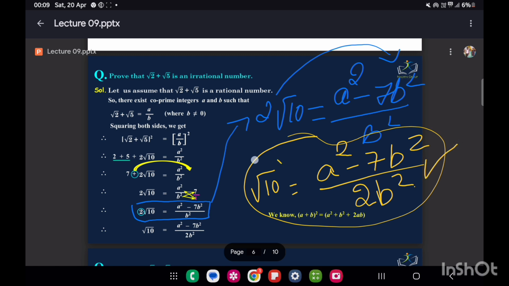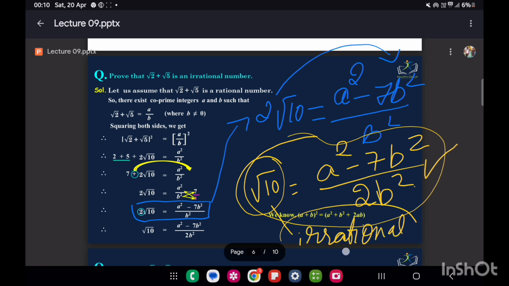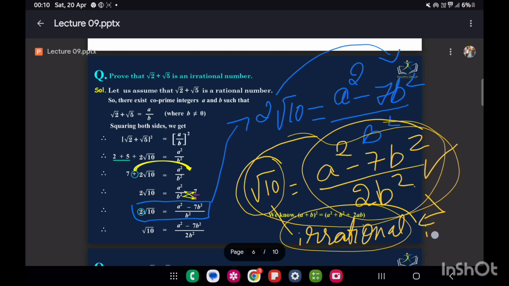Anything that has a root with a number, that means root 10, root 5, root 2, all these are irrational. So here a square minus 7b square divided by 2b square is also irrational.